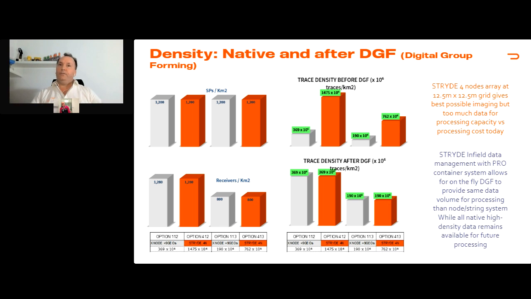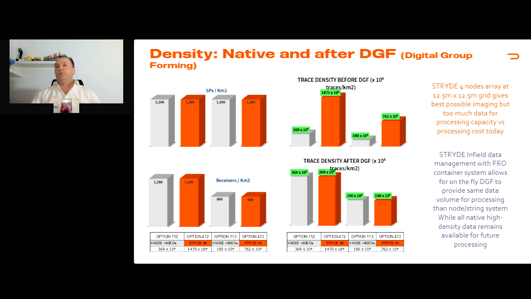So the solution Stride proposes is to digital group form in the field, and therefore go from this trace density and equivalent data volume to DGF group forming of the Stride node native raw data, so that we have the same data volume that the client wants to achieve with a geophone string on a generic node.